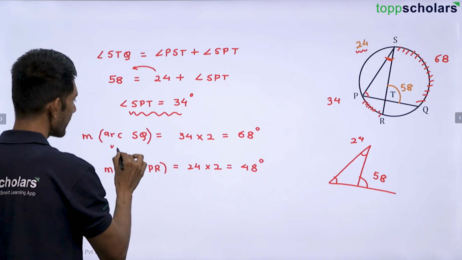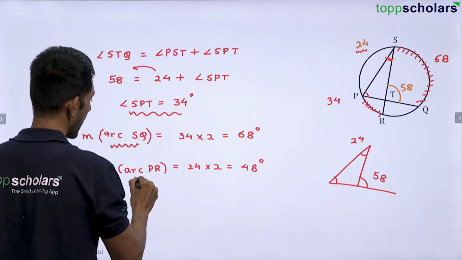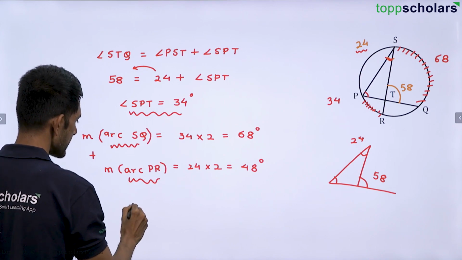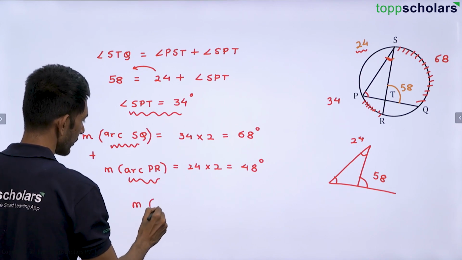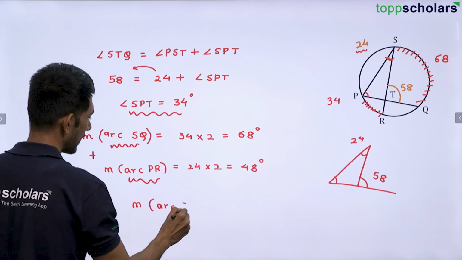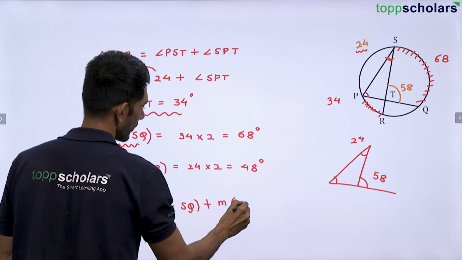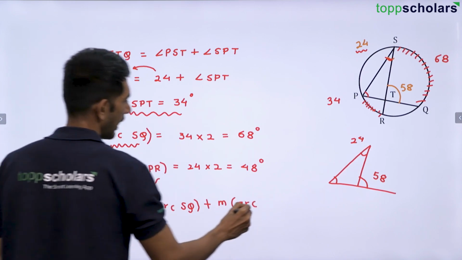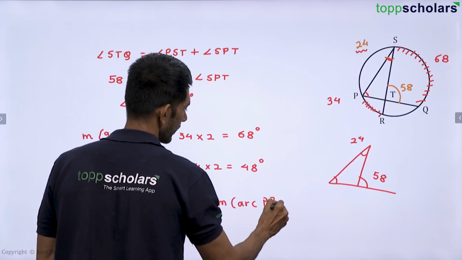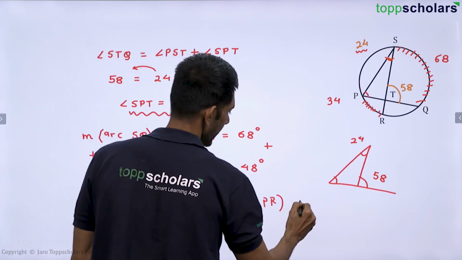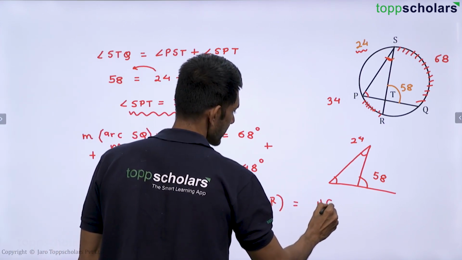Now what will happen if I add both of them? I get measure of arc SQ plus measure of arc PR, that will be equal to 68 plus 48, that is equal to 116 degrees.